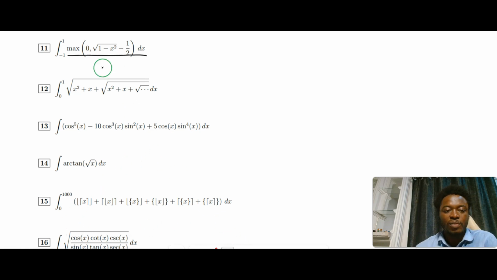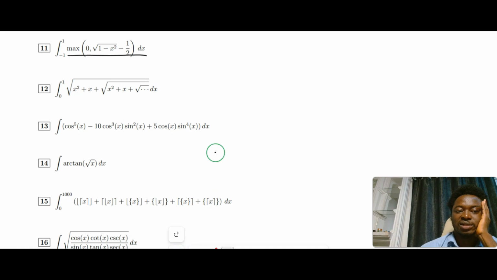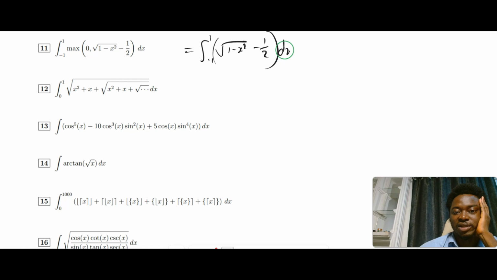So how do we handle this one here? Well, I don't really know, because you can't just drop the 0. Okay, let's just drop the 0 and just do the integral from -1 to 1 of square root of 1 minus x squared minus 1 over 2 dx, because at some point this is negative.